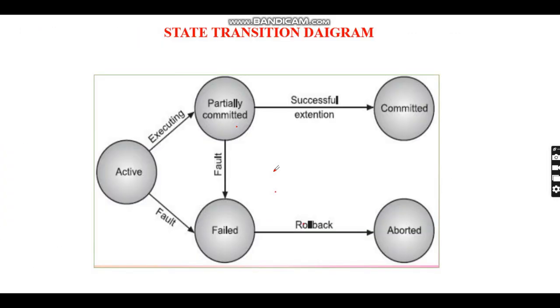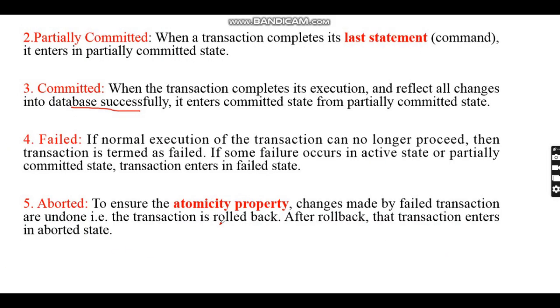Likewise, see this diagram: after partially committed, it enters into the failed state. That means a normal execution of your transaction is no longer taking place. So this is the concept of the failed state.